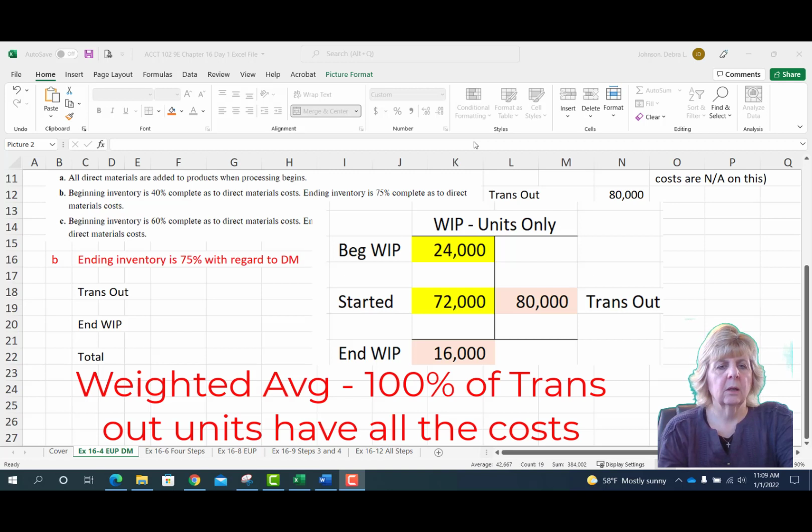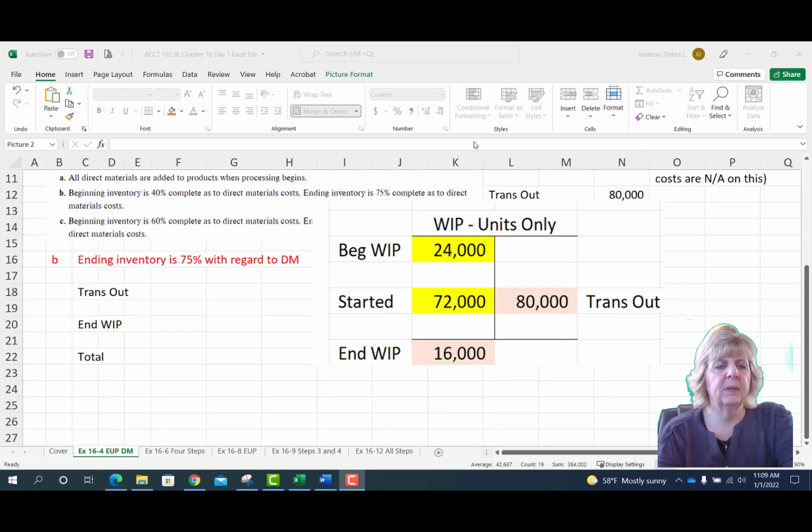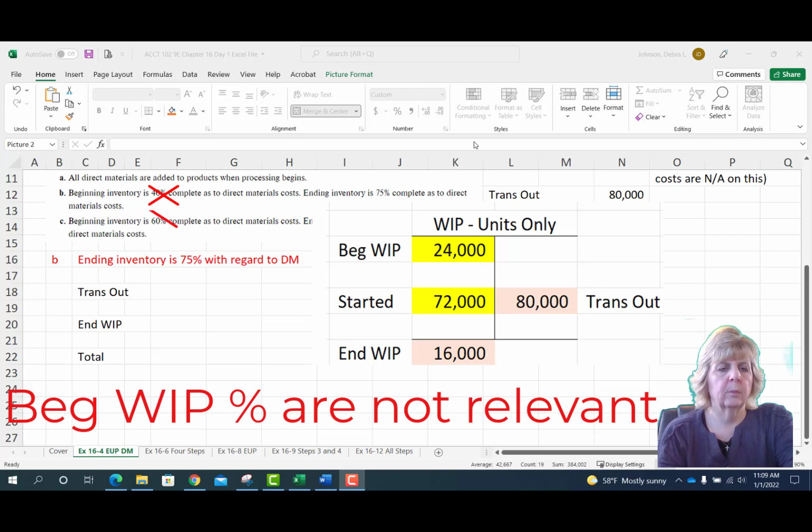That means when we use weighted average, you want to totally ignore any percentages related to beginning WIP numbers. You'll notice that letters B and C have beginning WIP percentage completions. When we use the weighted average, those are totally irrelevant to what we're computing. So we'll ignore those.